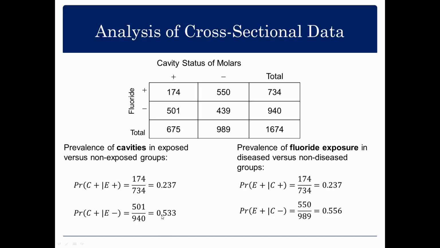So the chances of having cavities is actually higher when you're not exposed to fluoride than when you are. Does everyone see that? That's just the interpretation. So it looks like there is some association between exposure to fluoride and cavity status.